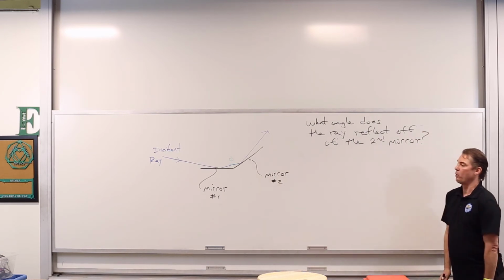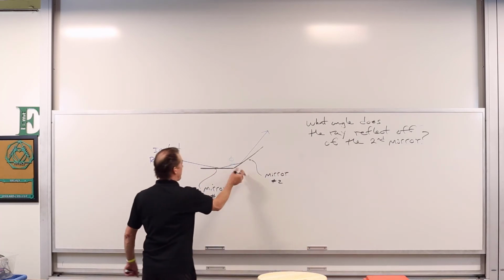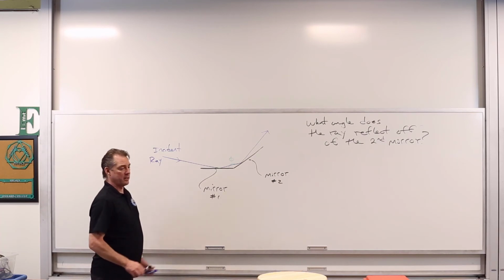How would we go ahead and approach something like this? Well, we need some more information, right? We've got the angular separation between the two mirrors, and then we need the angle of incidence.